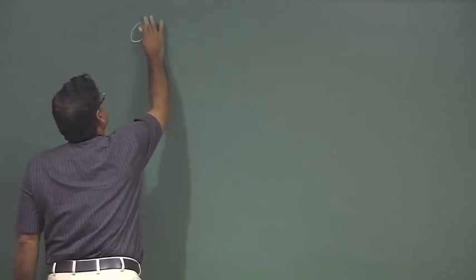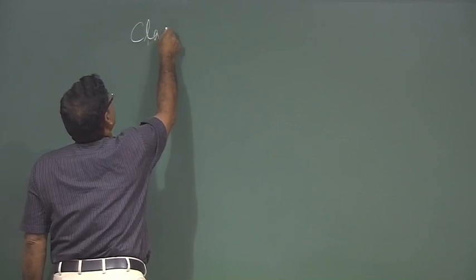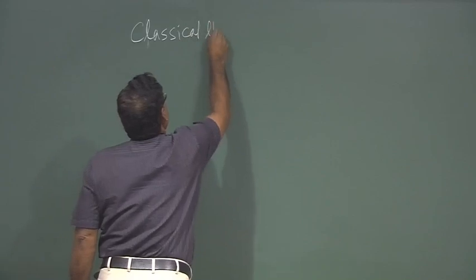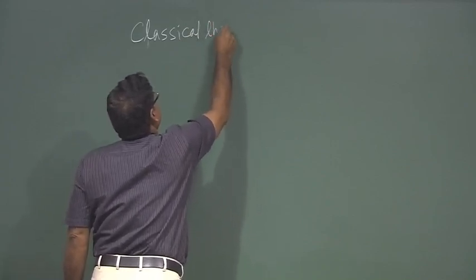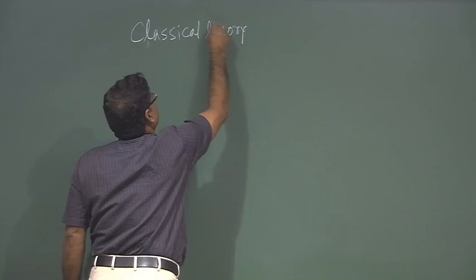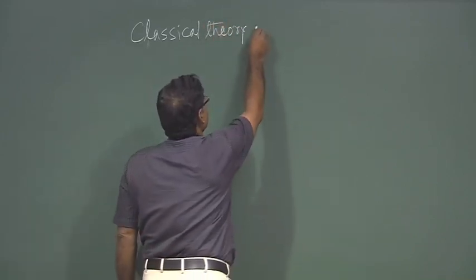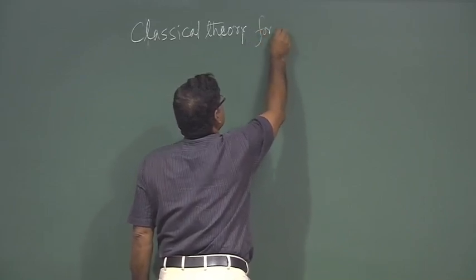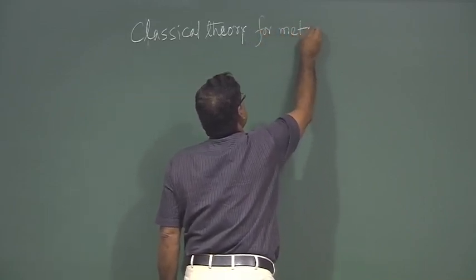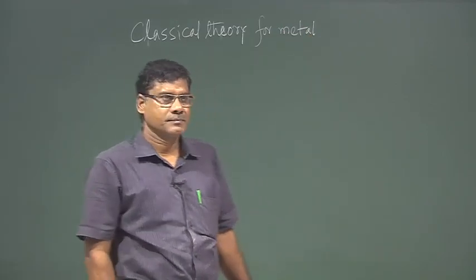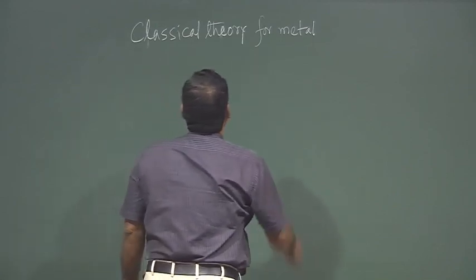So, we have seen the classical theory for metal to explain different properties, and we have seen this.